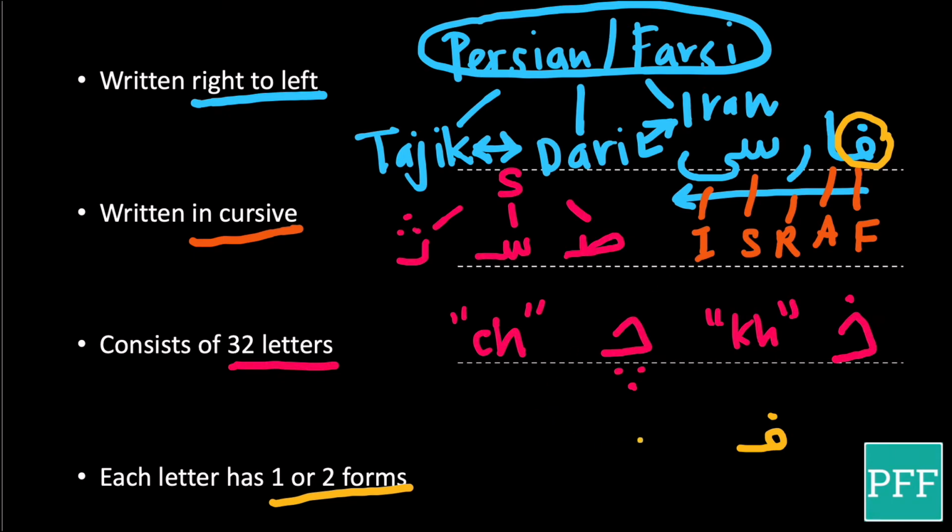Now, if this F sound, this fe, was isolated or at the end of the word, it would look pretty similar, but it would just have a little hook at the end like that. And please note that this little hook is still just part of the fe. It is different to what we see here, which is this much longer hook that is actually its own letter, and that is the Aleph, which was making it fa.